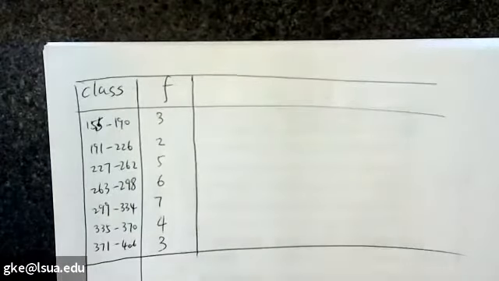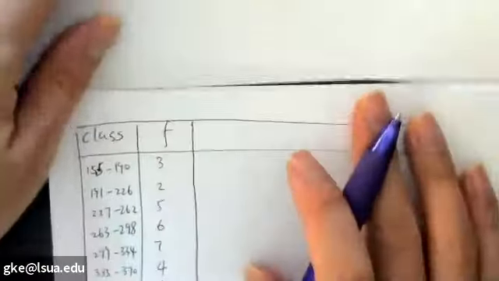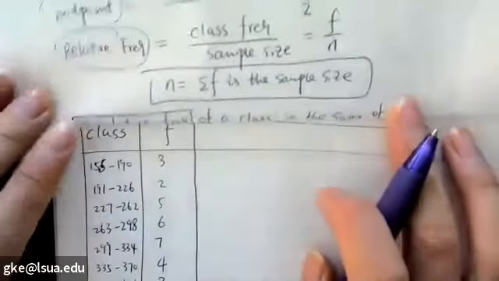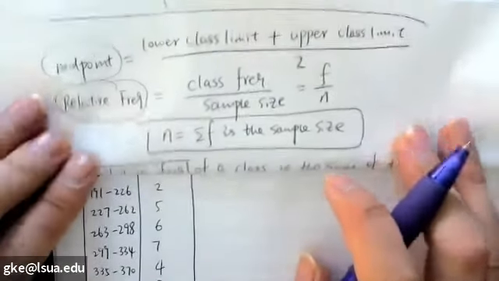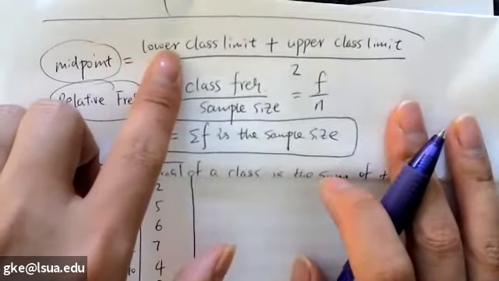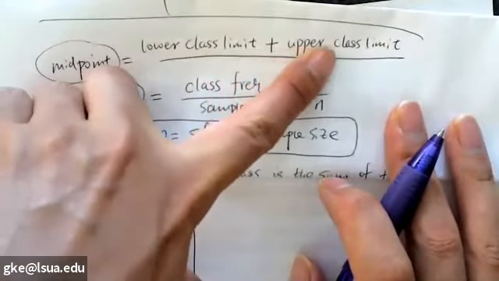So we get this class table from the example we learned in the last class. Given this table, how do we find the midpoint? That's the first step. Based on the definition, the midpoint is the average of the lower class limit and the upper class limit.